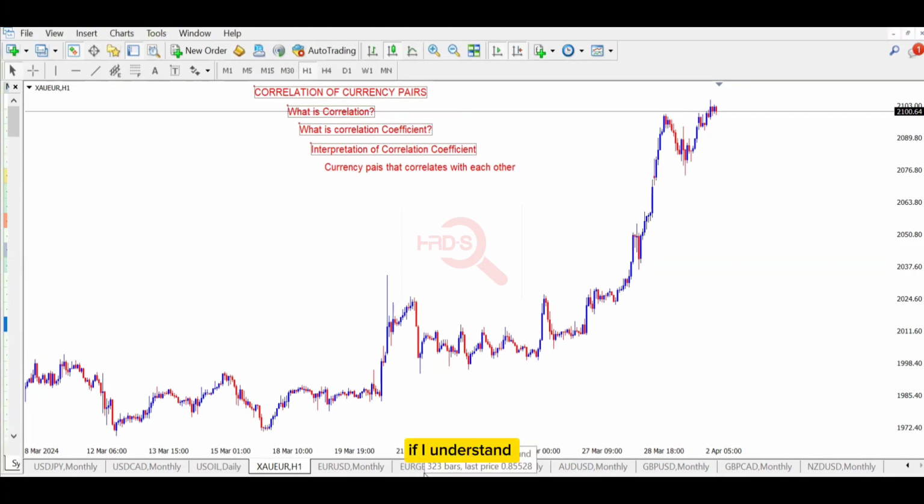If I understand that there is a positive correlation between EURUSD and EURGBP, for instance, whenever EURGBP is buying, I will also be looking for a buy entry in EURUSD. Sometimes with currency pairs that have a positive relationship, one might move before the other. So you can use the one that has moved to know that, definitely, the other one is also going to move in the same direction as the previous one.